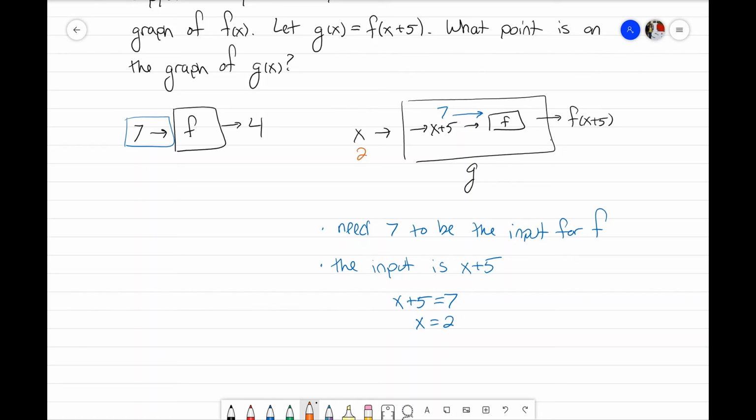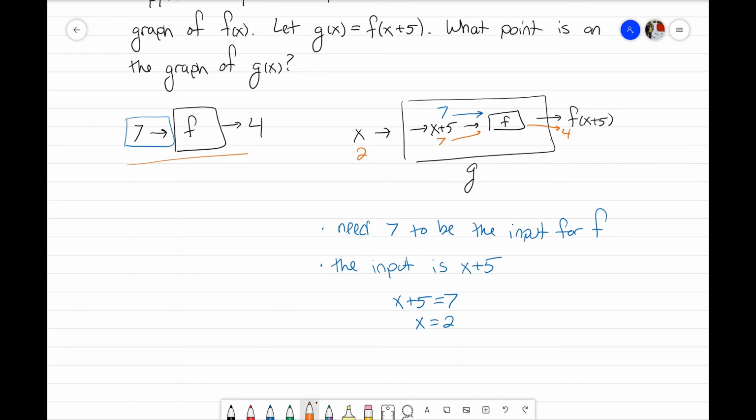So x is 2. I input 2, and immediately I add 5 to that, so that gives me 7, which is good. So I take the 7, I plug it into f, and then I go over to my f machine, and I notice that when I plug in 7 to f, we get a 4. So this will output a 4.